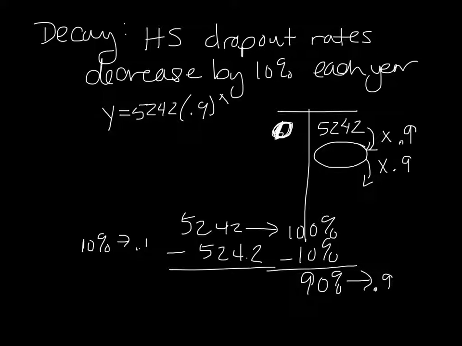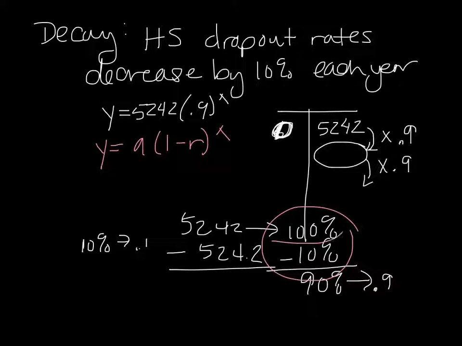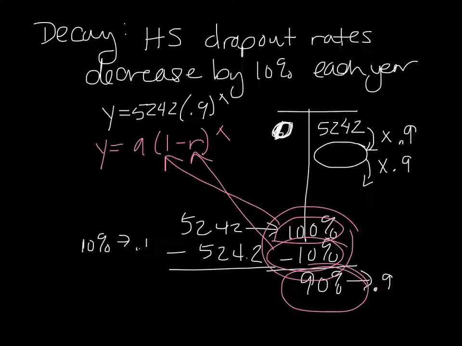Now, if you want to get technical, the book will tell you that y equals a times 1 minus r to the x, and that's exactly what we did here. We took 100%, which is 1, minus the rate, which was 10%, and it gave us the 90%, or the 0.9 that we're going to multiply by.